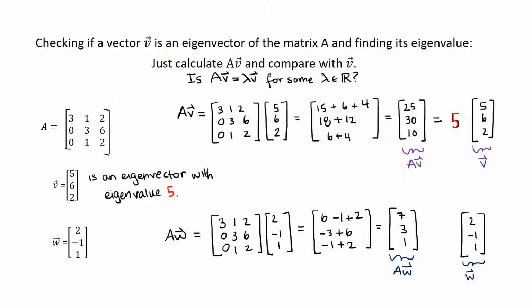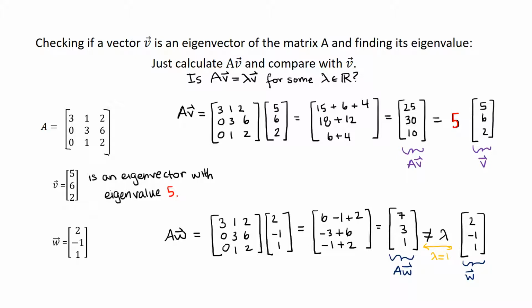It's easy for us to see that Aw is not equal to lambda times w for any lambda in R. For instance, if these were equal, our last coordinates would tell us that lambda would need to be equal to 1.